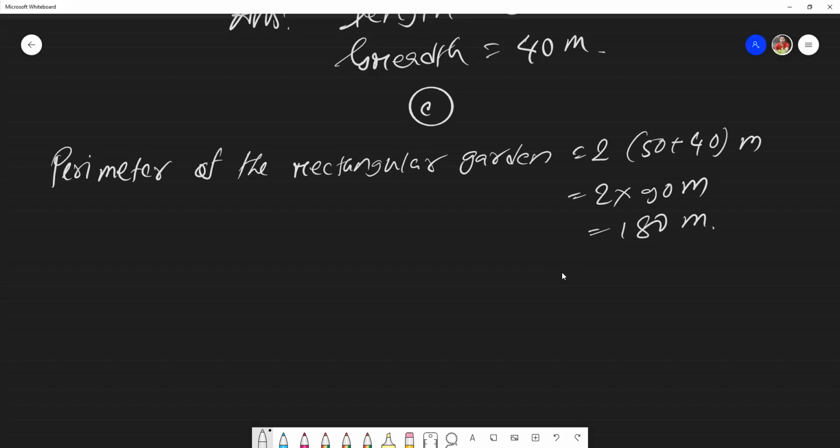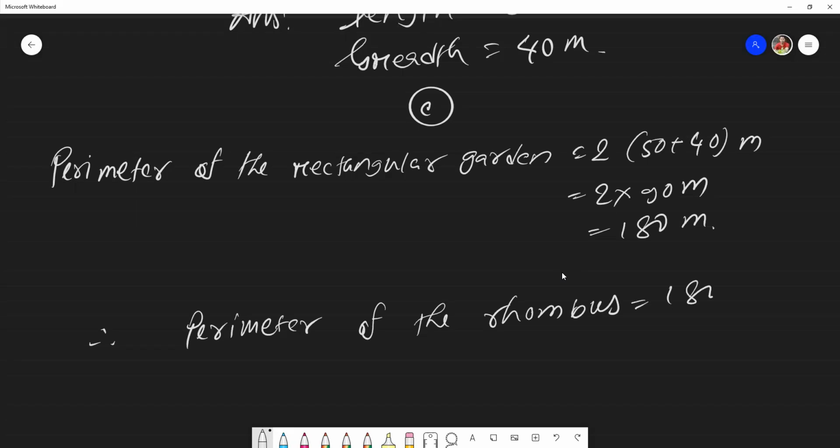So perimeter of the rhombus equals to 180 meter.